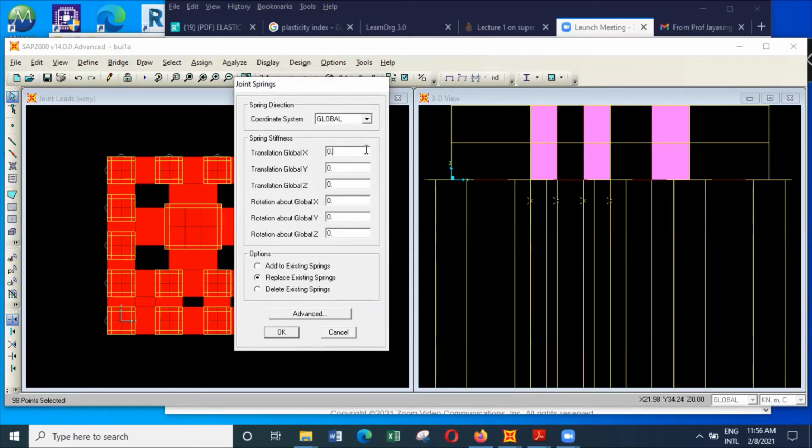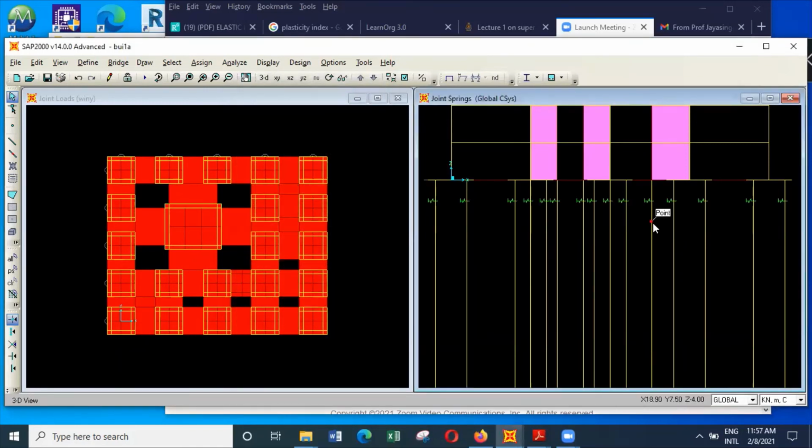Once I multiplied by 2, I'll get 3350. So I can apply the springs like that.